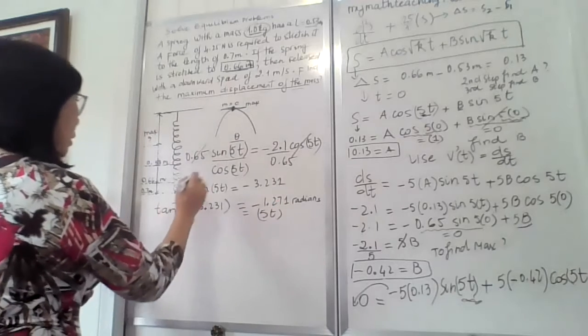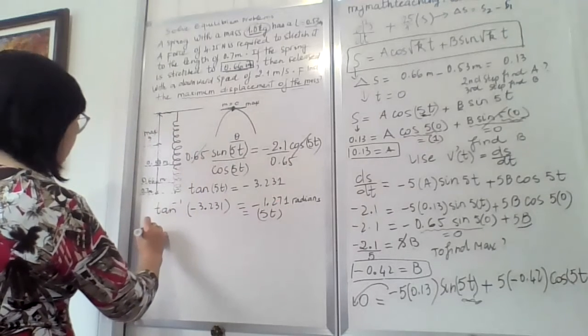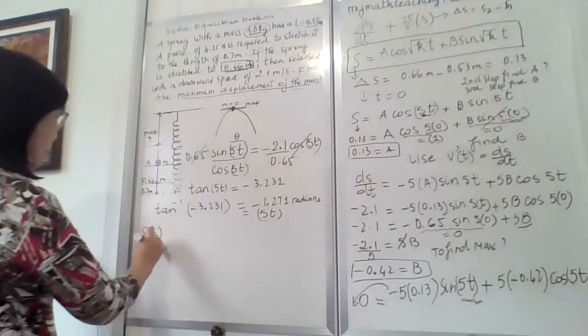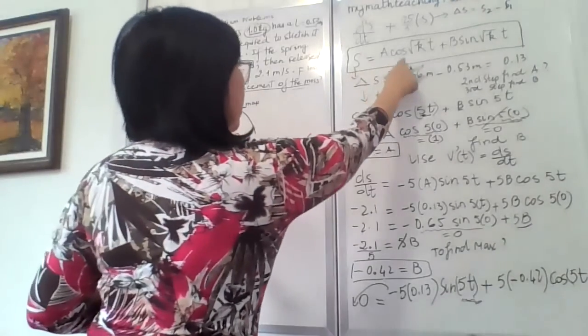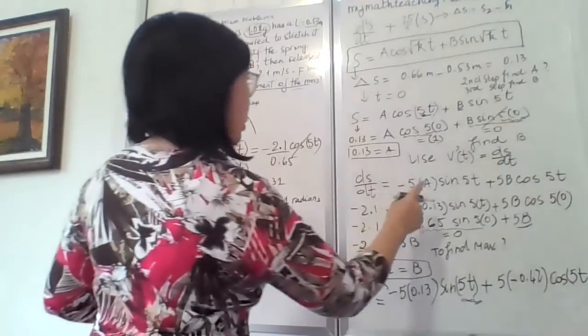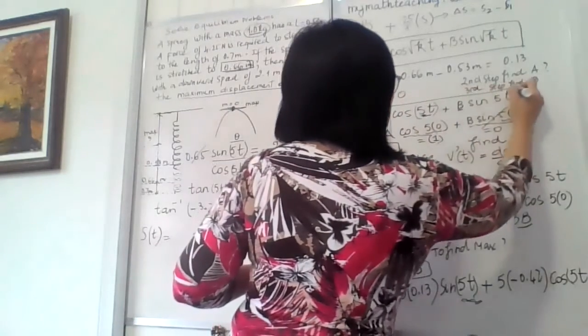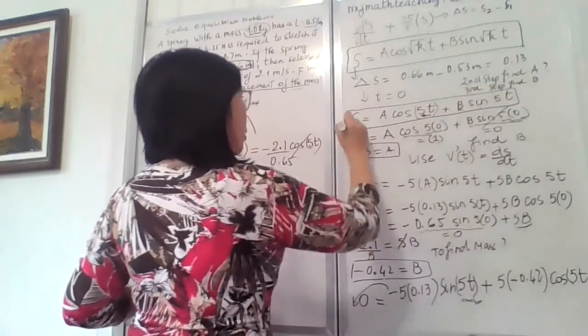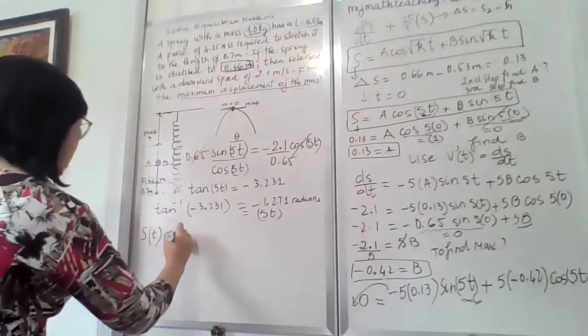Now, after we get phi t, we know the angle theta. Now we're going to put it back into our displacement function, in this formula, which is this one. We want to know the displacement, so we have to use the formula of displacement.